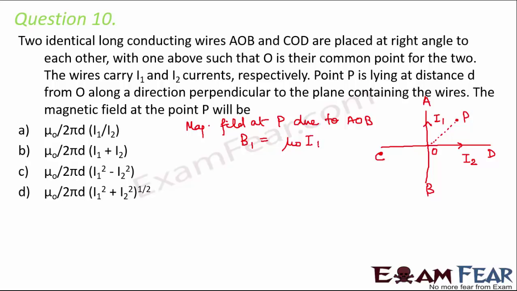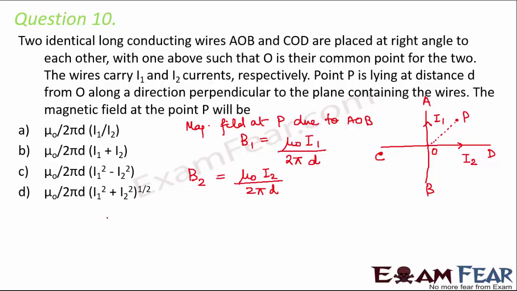Mu naught I divided by 2 pi r, where r denotes the distance of point P from O. So here the distance is D. So this will be mu naught I1 by 2 pi d. In a similar way, we can calculate B2, that is the magnetic field at point P due to COD. Again, COD is a straight current carrying conductor. P is just another point which is at a distance D from COD. So B2 will be equal to mu naught I2 divided by 2 pi d.